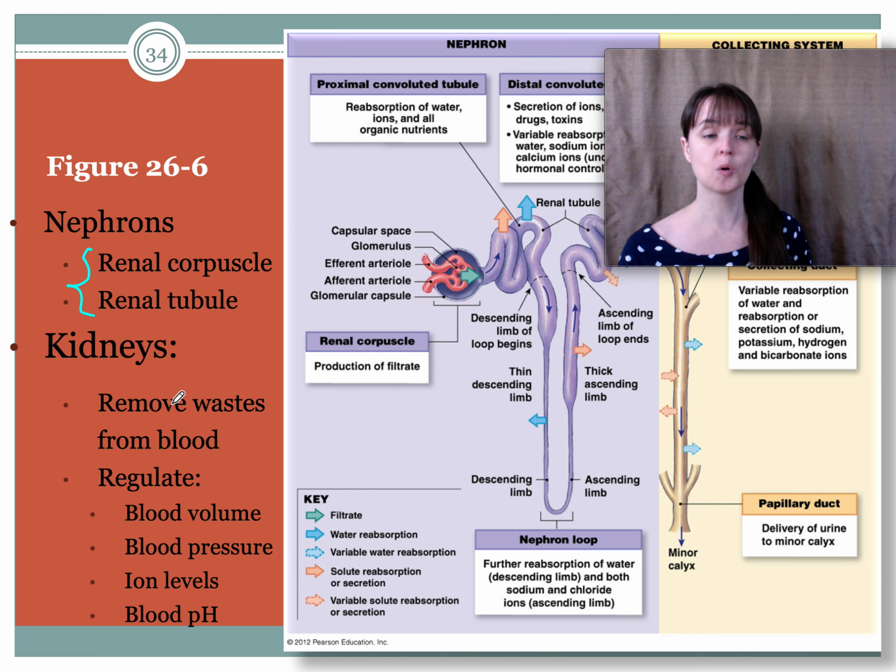Next, the renal corpuscle is a spherical structure consisting of the hollow Bowman's capsule, which is this outer bit, or glomerular capsule. So Bowman's capsule and glomerular capsule are the two words for the same thing. And they're around a knot of capillaries called a glomerulus.